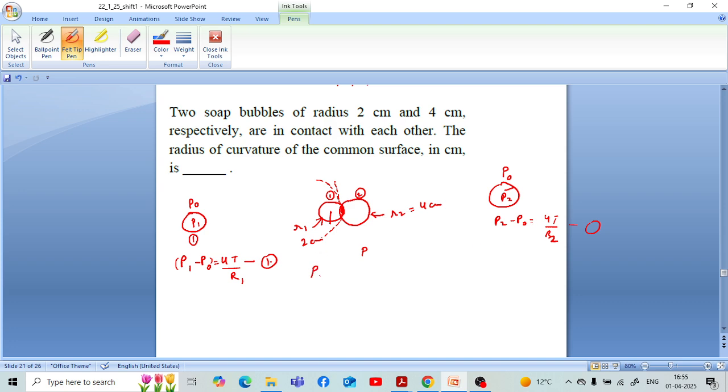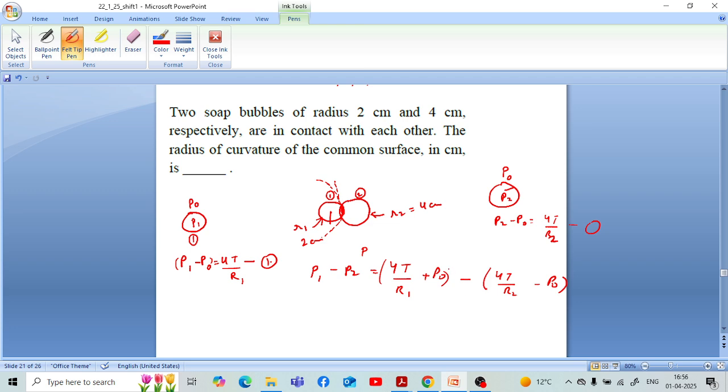So the excess pressure between these two bubbles, which is P1 minus P2, from both equations we can write as 4T upon R1 plus P0, this is the value of P1, minus P2, and P2 is 4T upon R2 plus P0.